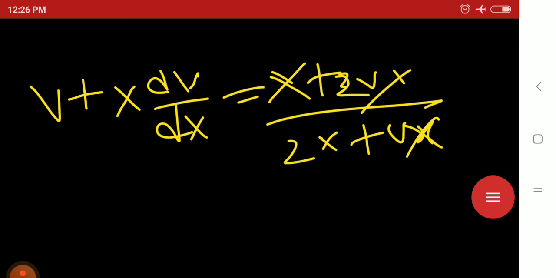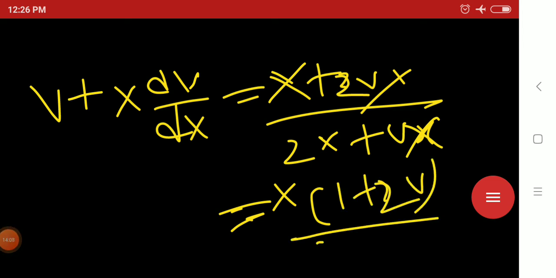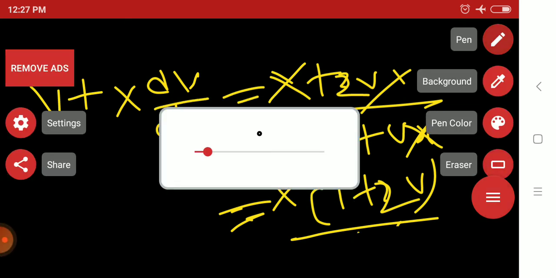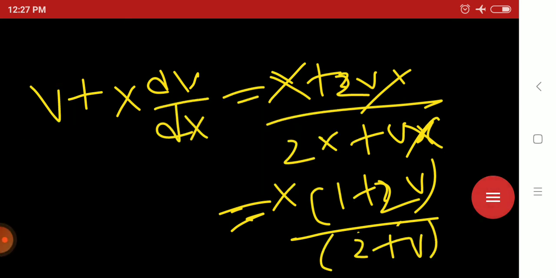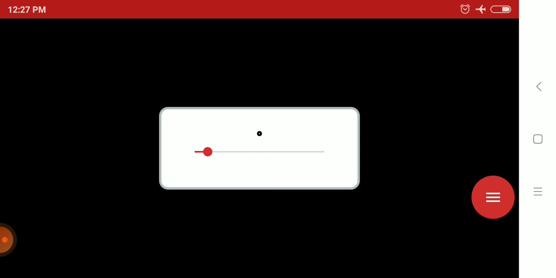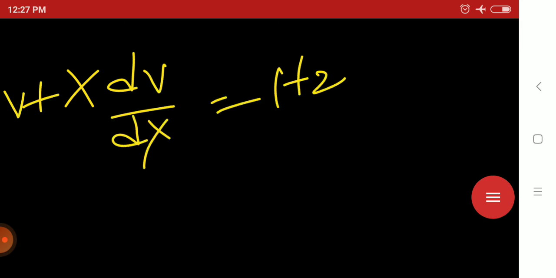So by solving that, if you take x common here, 1 plus 2v divided by 2 plus v. Here x cancels out. So at last you will get v plus x dv by dx equals 1 plus 2v divided by 2 plus v.